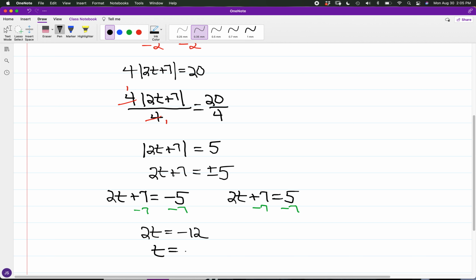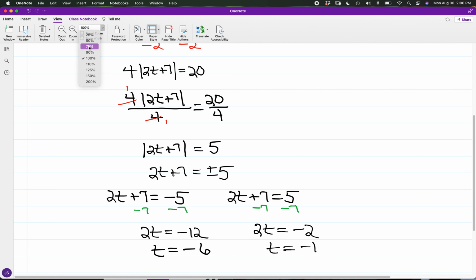With a division by 2, we have t is equal to negative 6. For the second equation, 2t is equal to 5 minus 7, so this is negative 2, and with division by 2, t is equal to negative 1.